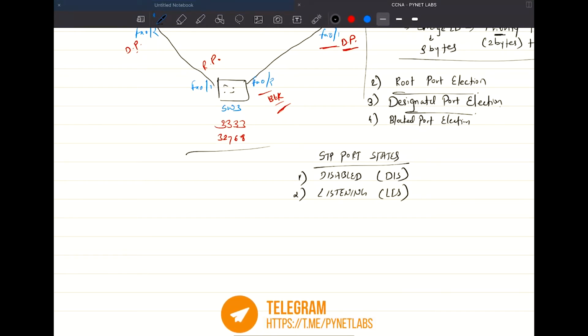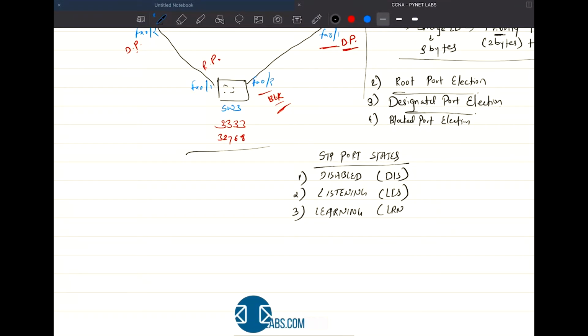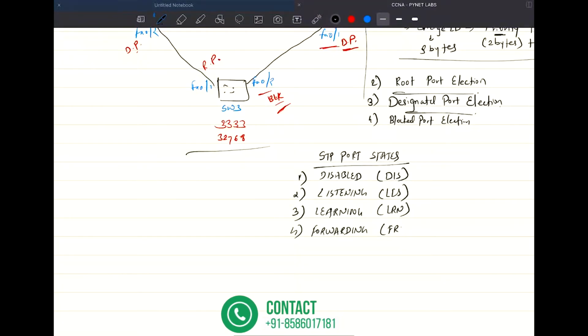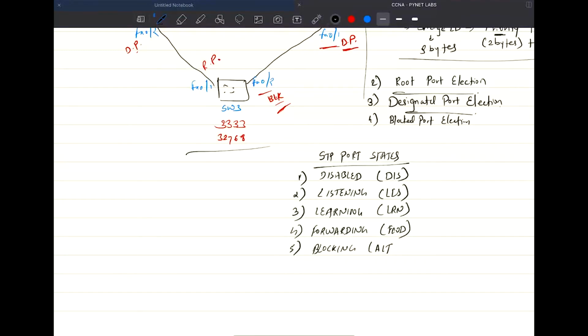The third state is learning, which is LRN. The fourth state is forwarding, which is FRD or FWD. And the fifth state is blocking, which is usually not alternative but BLK.